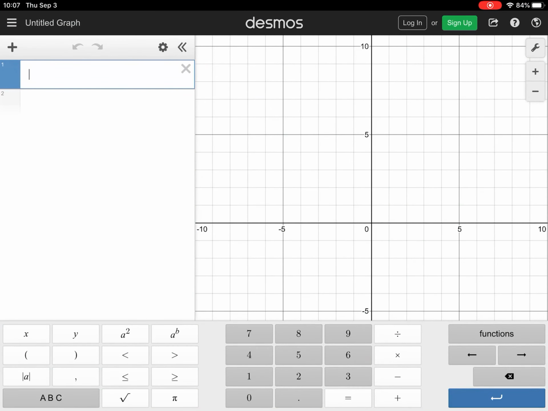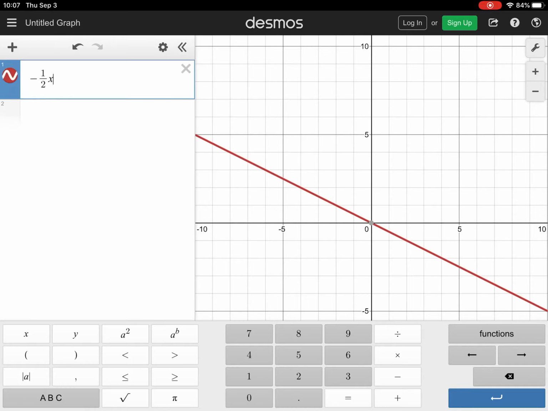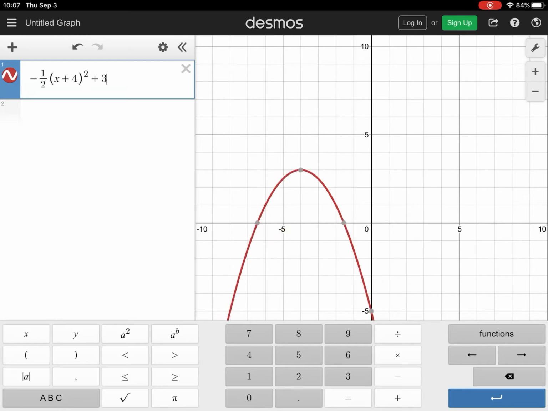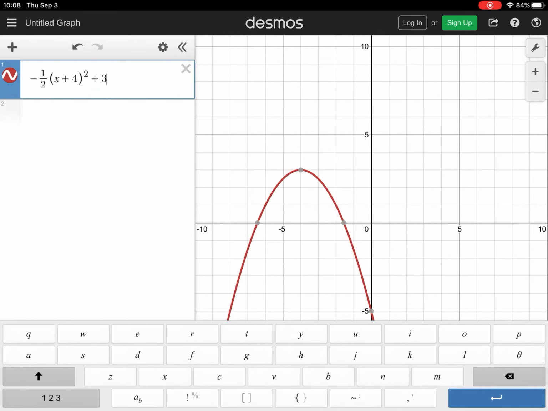And I'm going to type in each of those functions separately. So -1/2 x, oh, just kidding, there should be a parenthesis there, +4, and it was squared, and then +3. All right, to write my domain, I've got to find the symbol here.